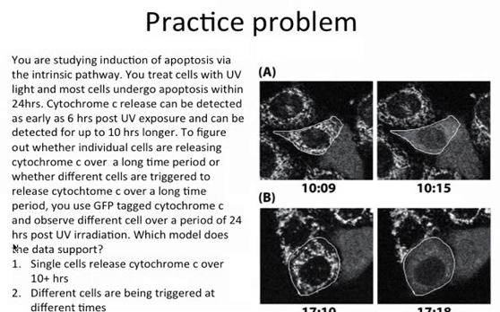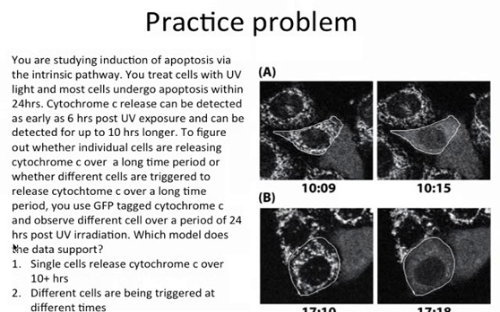Okay. You're studying induction of apoptosis via the intrinsic pathway. You treat cells with UV light because UV is a way of irradiating cells causing DNA damage. Most cells undergo apoptosis within 24 hours. Cytochrome C release is detected as early as 6 hours after UV exposure and can be detected for 10 hours longer.